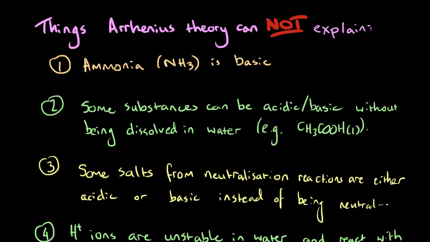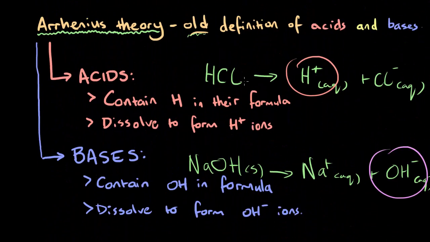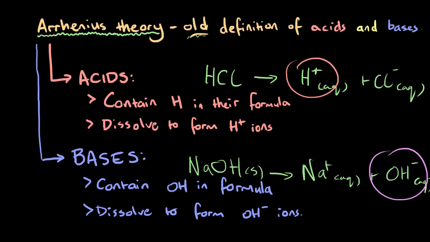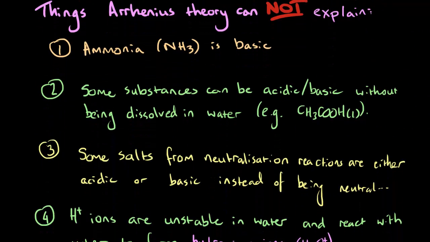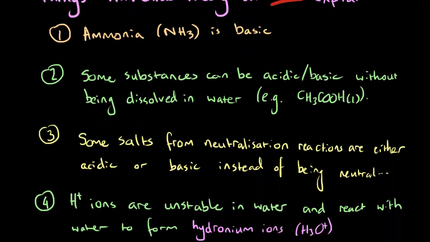The reason why Arrhenius theory cannot explain this is because earlier on Arrhenius theory said that you need to dissolve the substance in water to form H+ ions, but you don't need to dissolve acetic acid in water to form H+ ions. And there are no H+ ions in the pure substance either, because acetic acid needs water to ionize. So somehow these neutral molecules are able to act like an acid.